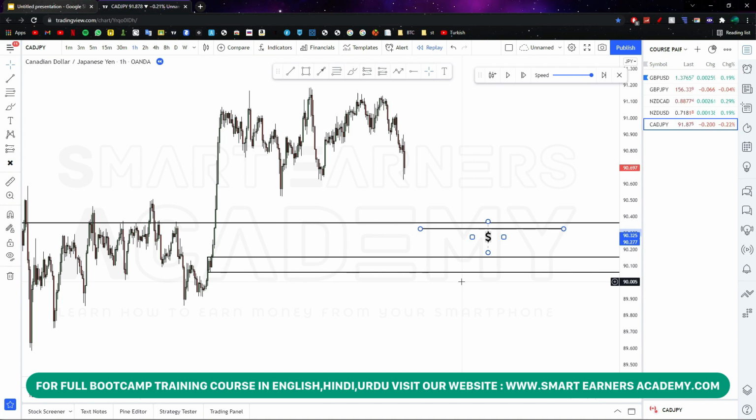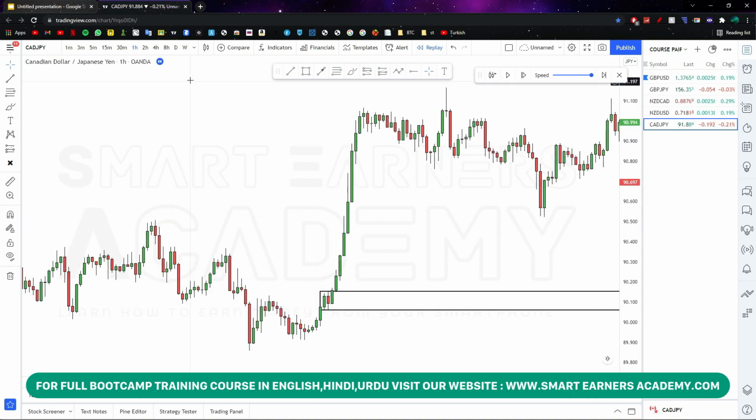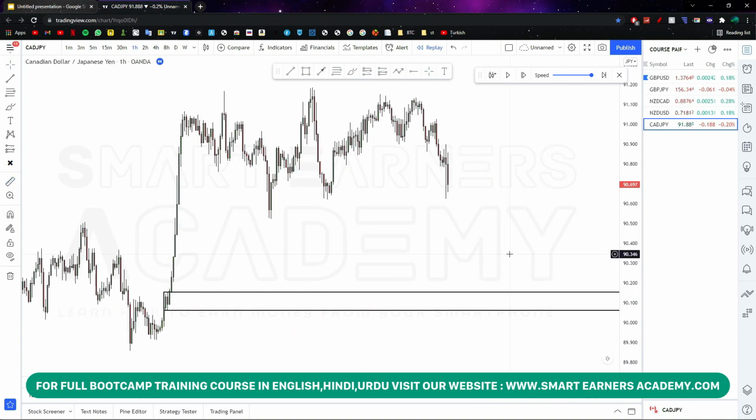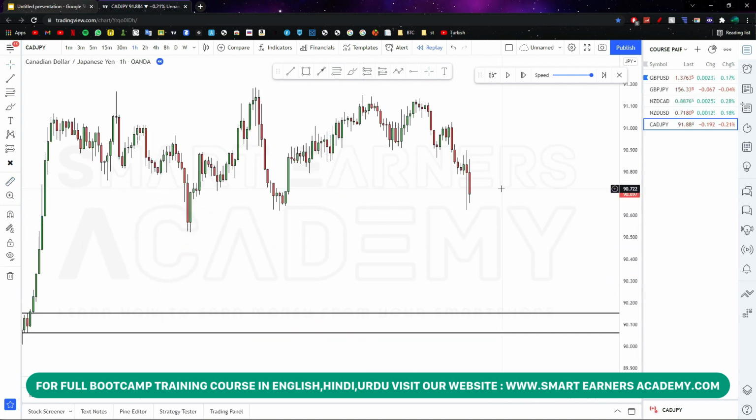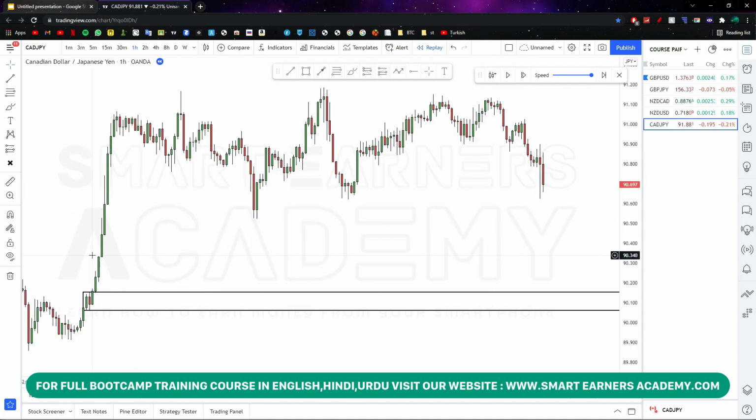If I begin with just deleting everything off this chart. So over here we've got an OB on the 1 hour time frame, right? This was probably a larger OB on the 4 hour. It's now refined on the 1 hour time frame. We've achieved a 9 pip stop loss, and our R is looking good. So first of all, we are looking at a buy order block at the moment.